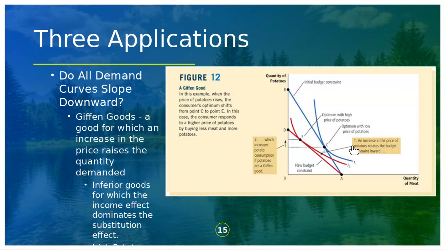So what we see here is that in this case, an increase in the price of potatoes rotates the budget constraint inward. So the increase in the price of potatoes pivots it downwards. However, we find that ultimately there's a new budget constraint which increases consumption of potatoes, or a Giffen good.